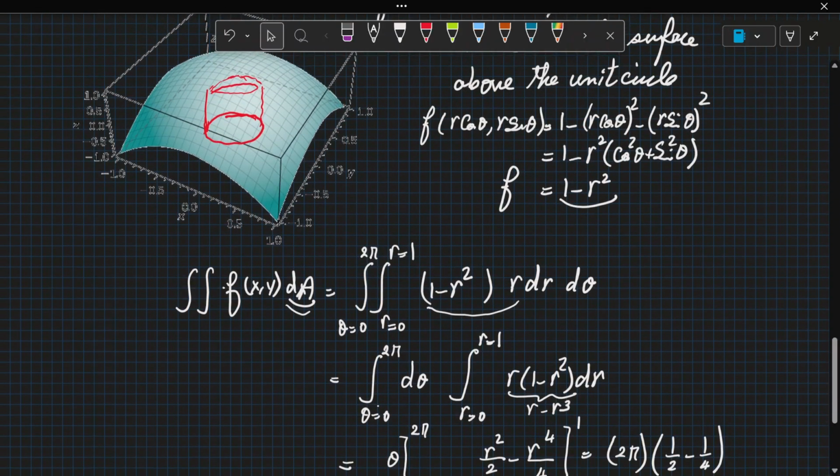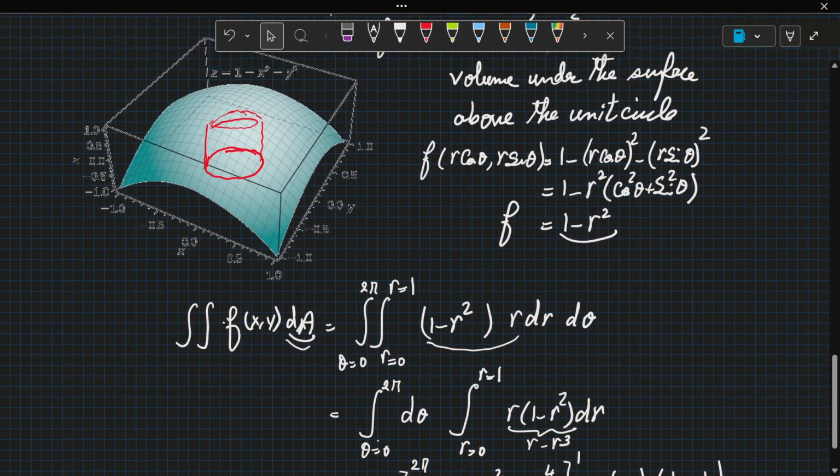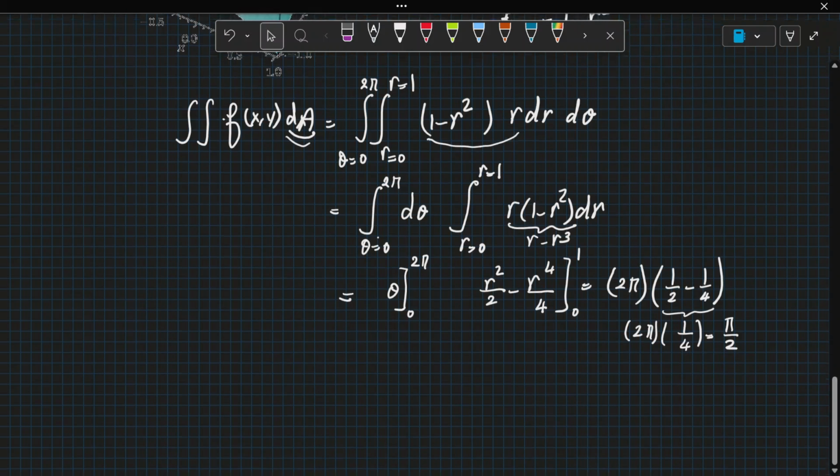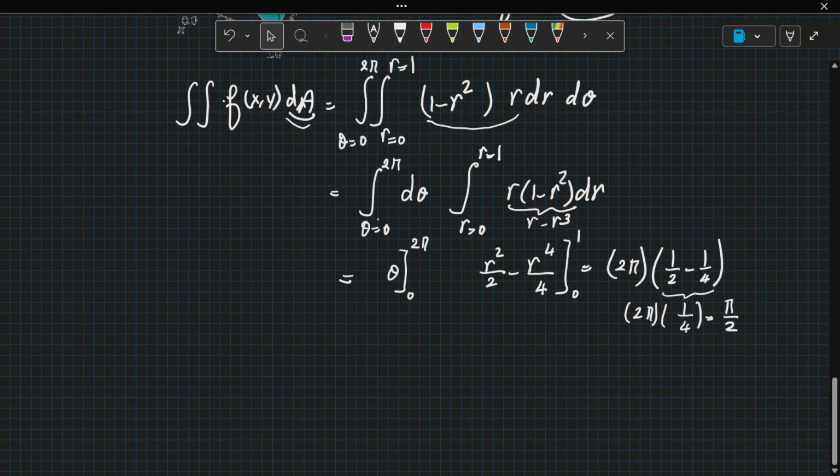So the volume under this dome, from the xy plane to the surface itself, limited by a cylinder which is built on top of the unit circle, turns out to be pi over 2. Now you need to do a few more problems of this type, and that's going to get you ready for more problems in polar coordinates.